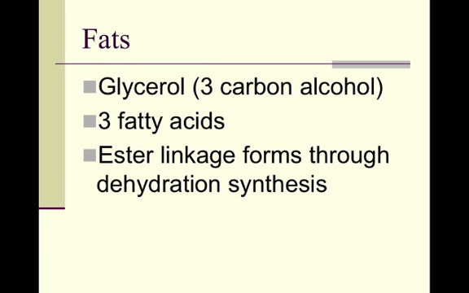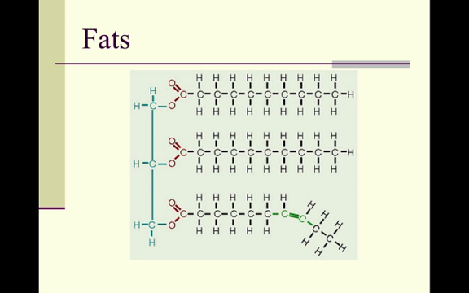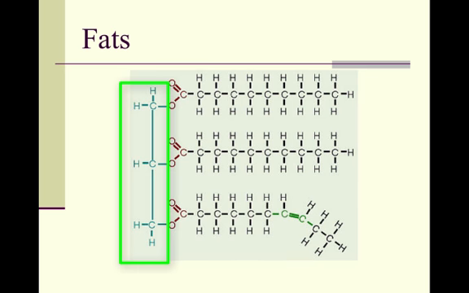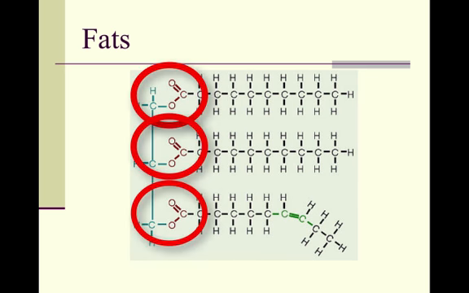Fats are composed primarily of glycerol, which is a 3-carbon alcohol, and it has 3 fatty acids attached to it. They are attached by an ester linkage, which is formed through, you guessed it, dehydration synthesis. Here is a diagram of a fat. You can see in the green is the glycerol molecule. The ester linkage is highlighted in red for you.